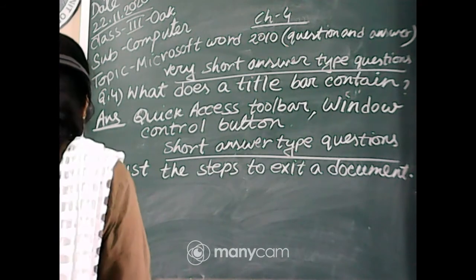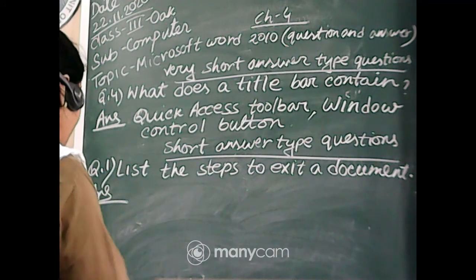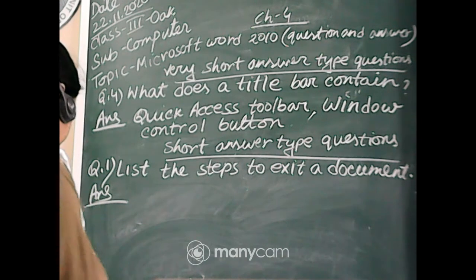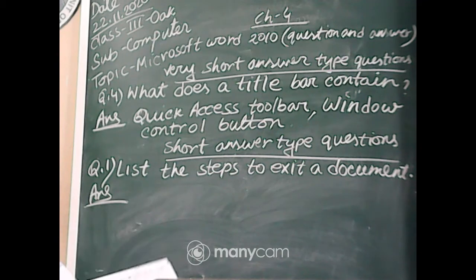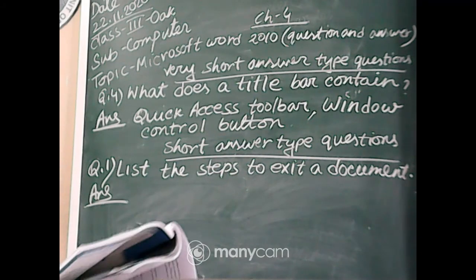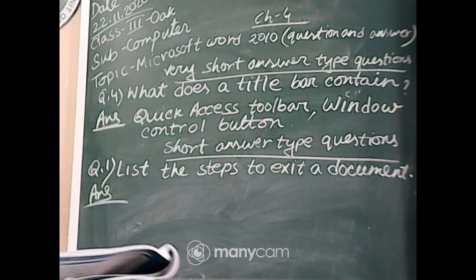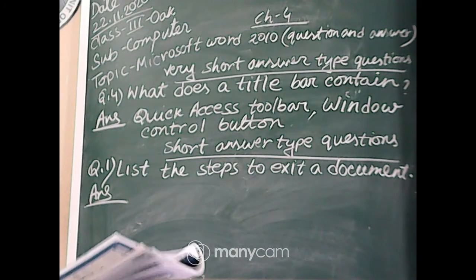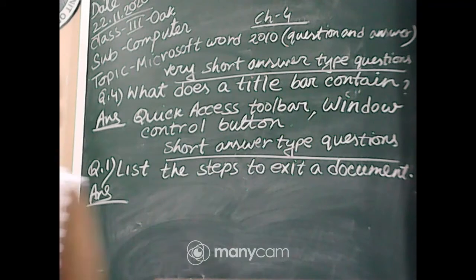If you want to exit from a document, there are different ways. You can click on the file tab. Under the file tab there is an exit button. Okay. Write down the steps.